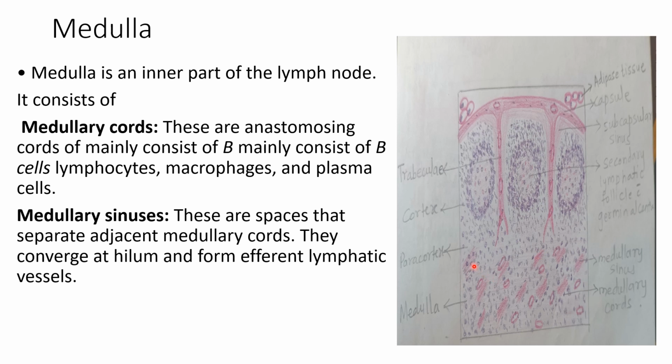So in the medulla, the innermost pale staining part of the lymph node, we mainly have the lymphatic cords formed by lymphocytes and the medullary sinuses, and these have the lymph which will drain into the efferent lymphatic vessel.